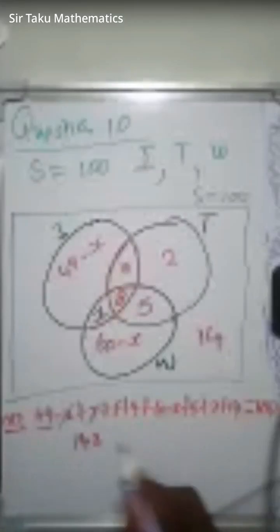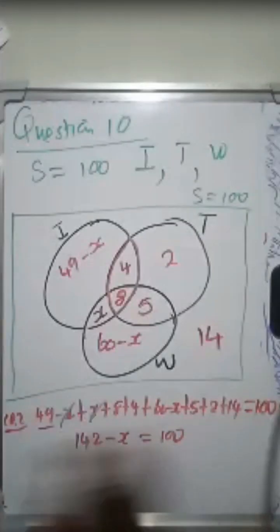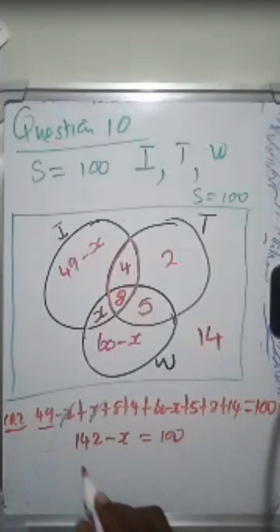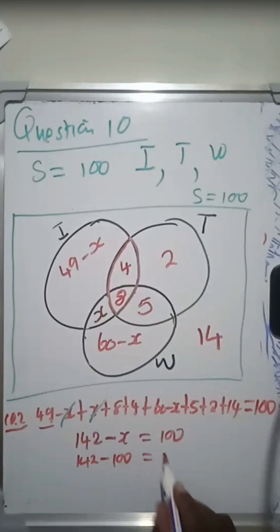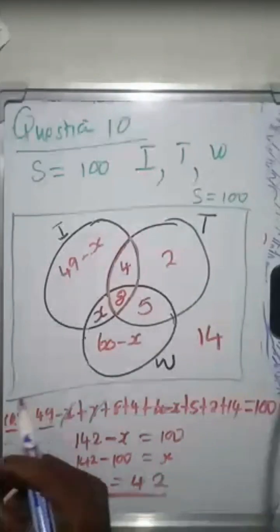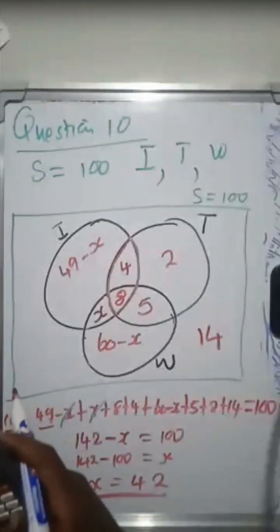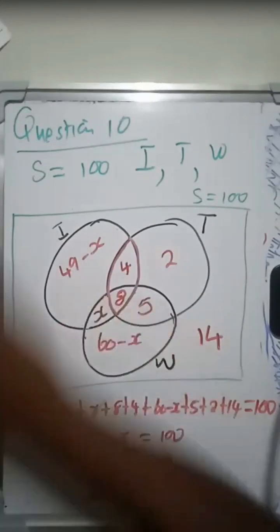And we are left with what? Minus x is equals to 100. So we take 100. We take x that side. So we have 142 minus 100 is equals to x. So x is equals to 42. Immediately after calculating 42, now we know that 49 minus 42 gives us 7. So you go and write your 7 here.